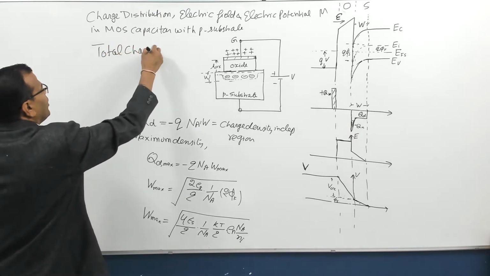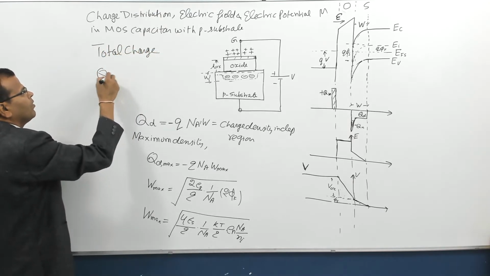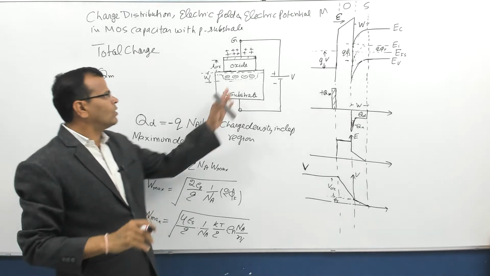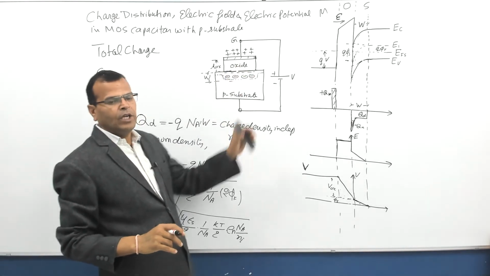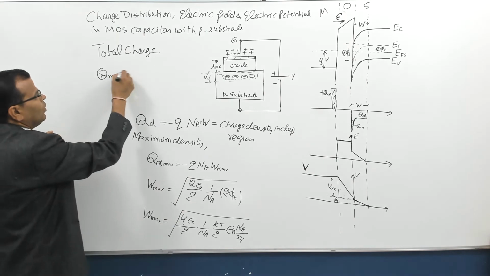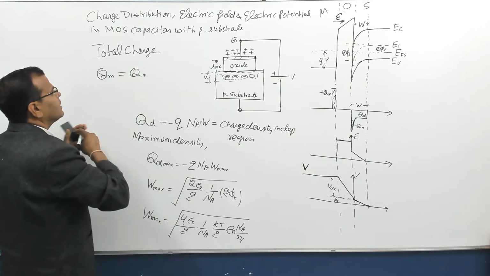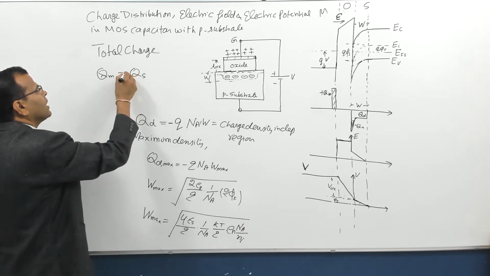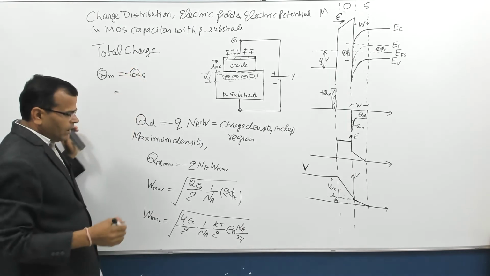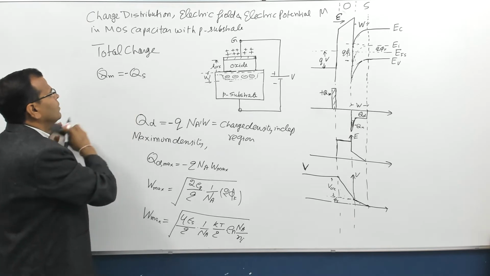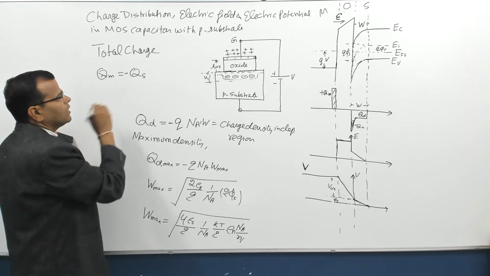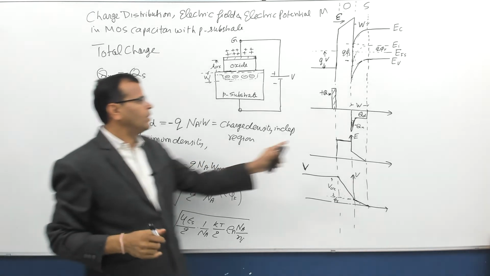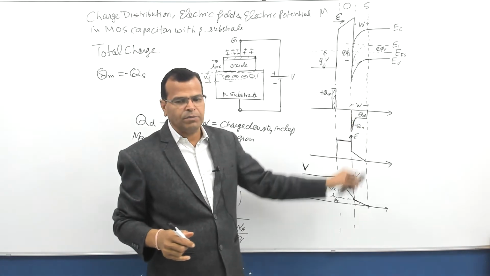is Qm, and the total charge on the semiconductor side is equal to minus Qs, where Qs is the total charge on the semiconductor side, right? So let Qm be the charge, and the charge at the interface is minus Qn.